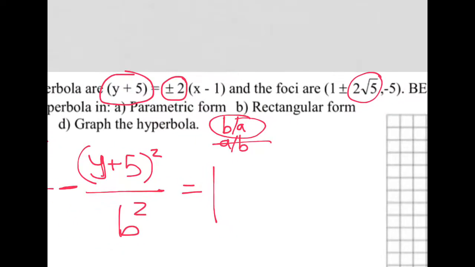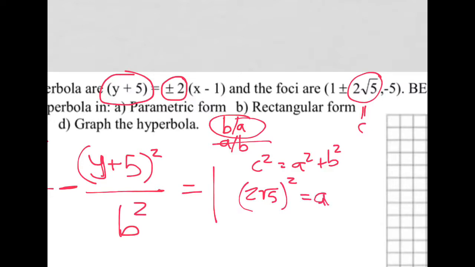We know that this is our c value. So that's a problem, because remember, for a hyperbola, we know that c squared equals a squared plus b squared. It looks just like our old friend Pythag. And so we know that this quantity c, which is 2 times the square root of 5, that expression squared equals a squared plus b squared.